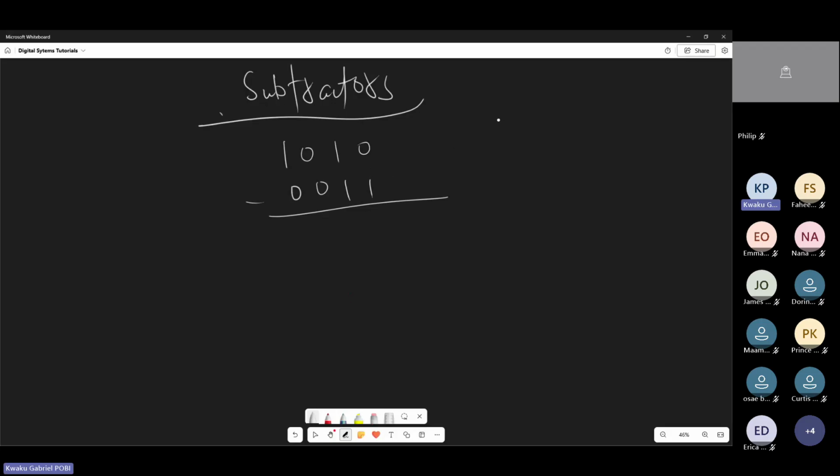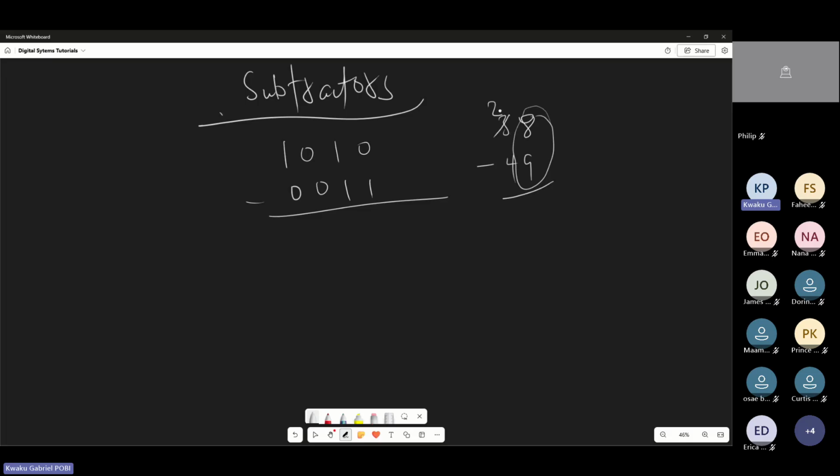In decimals, if you have 38 minus 49. Here, the first stage, I just want you to see this so that we can factor in the borrowing aspect of the subtractor. So 8 minus 9 is not possible, so you go and borrow. When you borrow, it becomes a 10 in decimal. So here it reduces to 2.